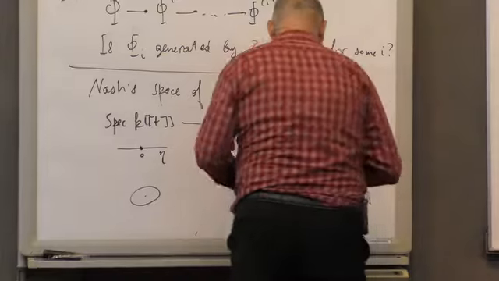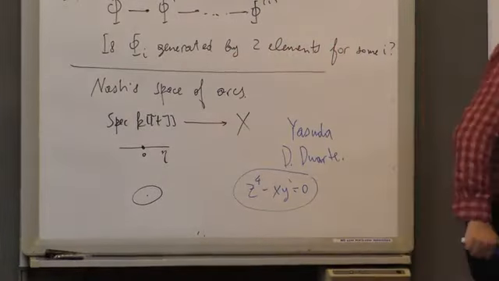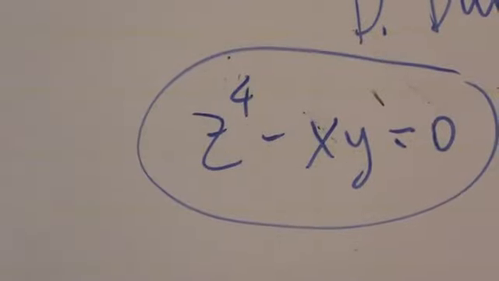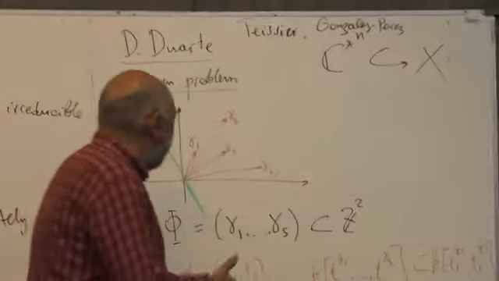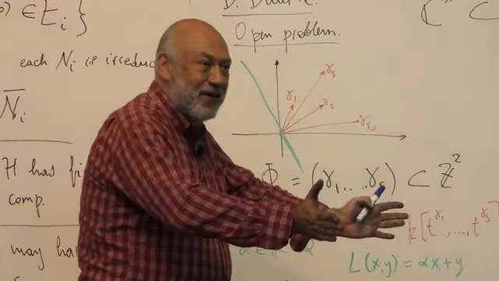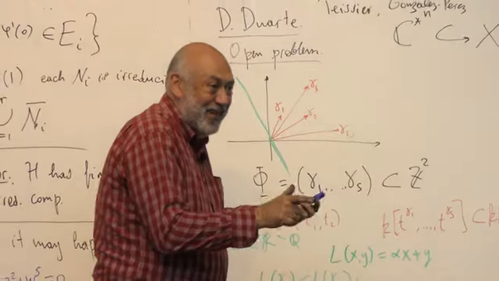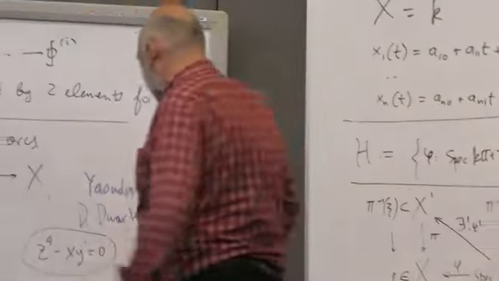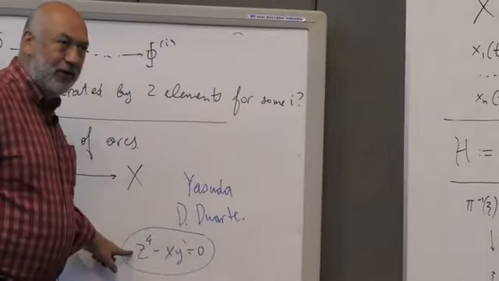Daniel Duarte did an enormous amount of computer calculation both for this problem and for this one. This one is just unreal. Nobody understands what's going on with the number of generators doubling and doubling and doubling, and suddenly it comes down to 2. Nobody knows why. There's no general proof. And for this one, he got up to, I think, order 100 or so.